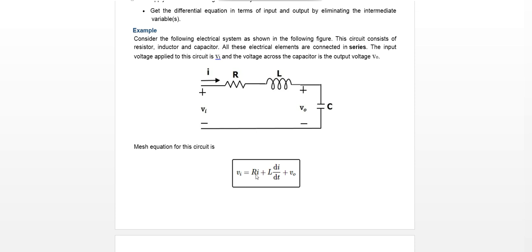Since it is inductance, we multiply it with the first derivative of the current with respect to time, again plus the voltage drop output here. We do not get the voltage drop across C since this is parallel. So we assume that the voltage drop here is also the same as the voltage drop here.